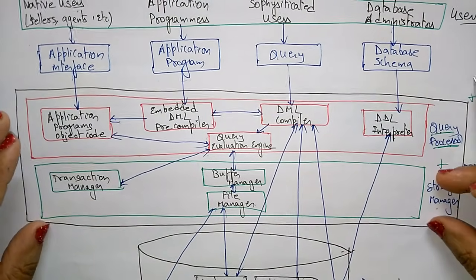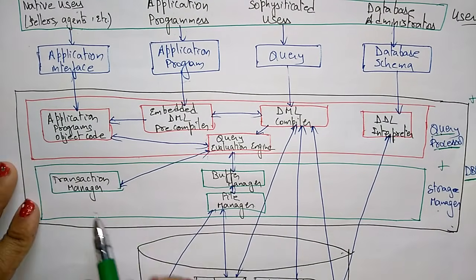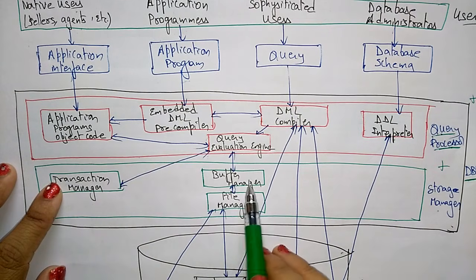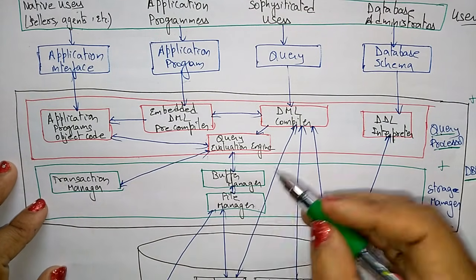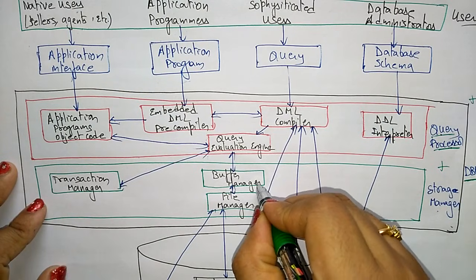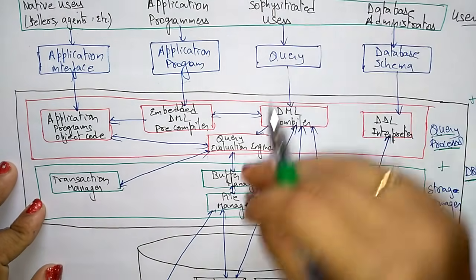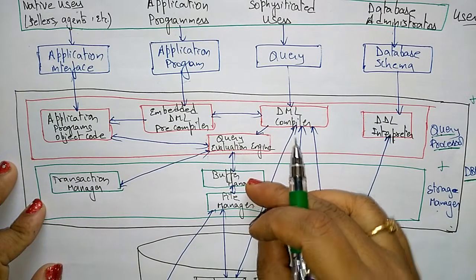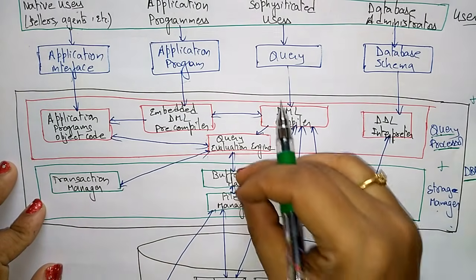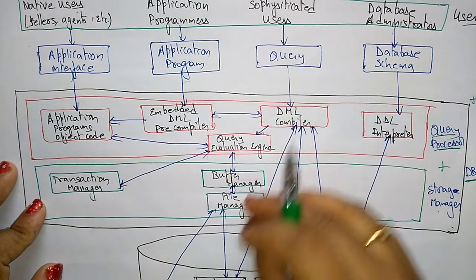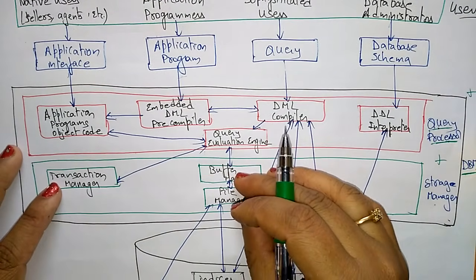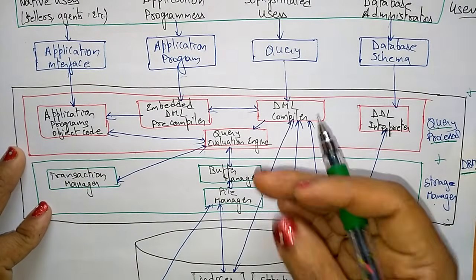Coming to the storage manager, it has the transaction manager, buffer manager, and the file manager. Whatever query the user is asking will be stored in the buffer manager. According to that, the file manager will take the relevant data based on the query, first in first out or like that.